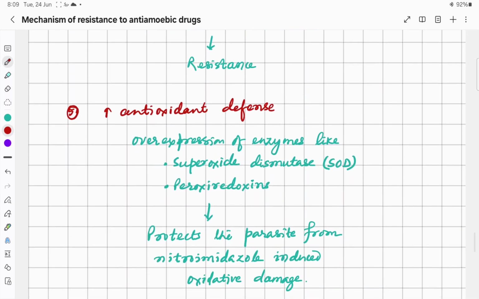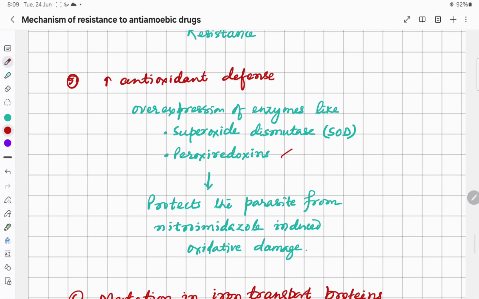The fifth mechanism of resistance is increased antioxidant defense due to the overexpression of antioxidant defense mechanisms like the enzymes superoxide dismutase and peroxiredoxin, so that they will protect the parasite from the nitroimidazole-induced oxidative damage.